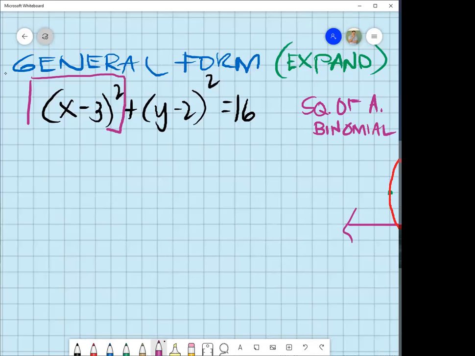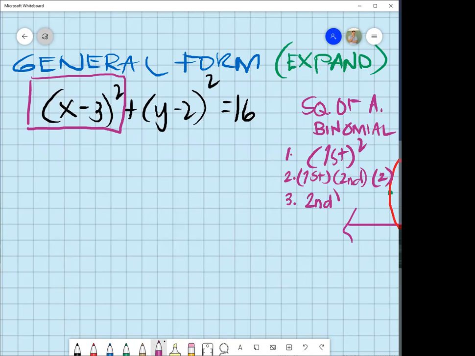All we have to do is follow 3 steps only. Square the first term. Then for the second, first term times the second term times 2. And then for the last, square the second term. That simple.